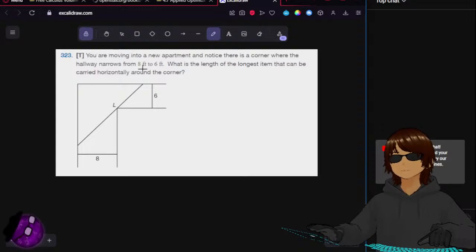There's a corner. What is the length of the longest item that can be carried horizontally around the corner? So how can I solve this? Okay, this is a tough question.